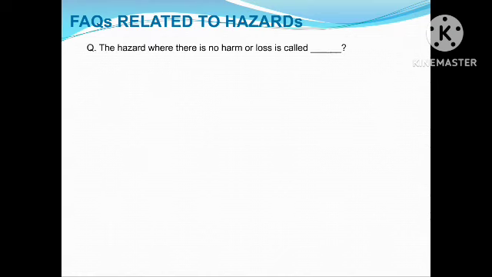The first question: the hazard where there is no harm or loss is called? As we discussed in the last chapter, the answer is near miss, because a near miss is an accident or hazard where there is no harm or no loss to any person or property.